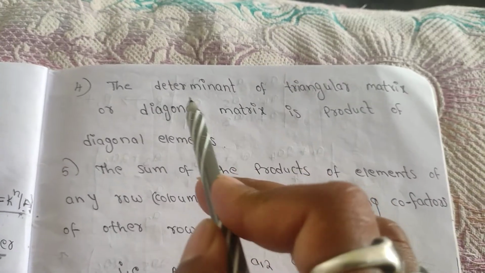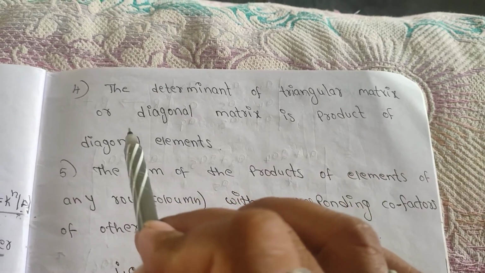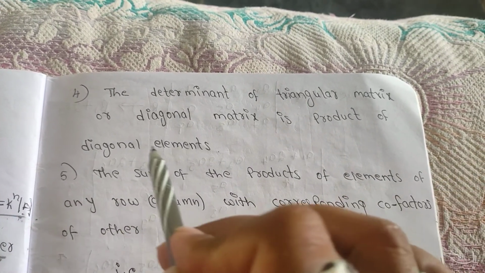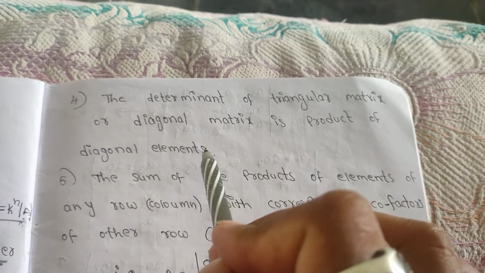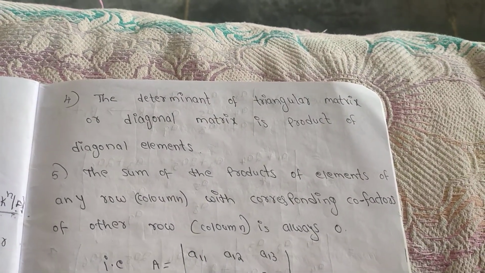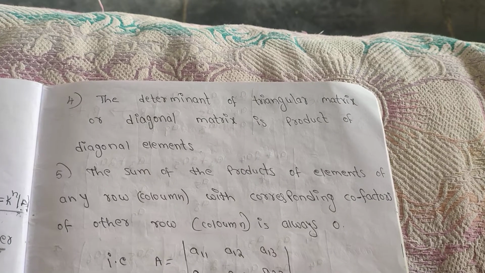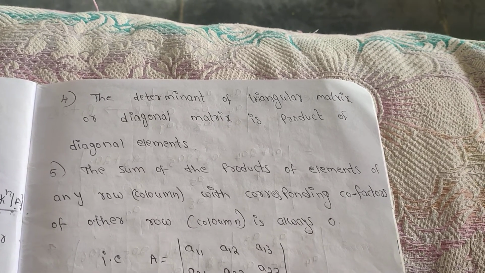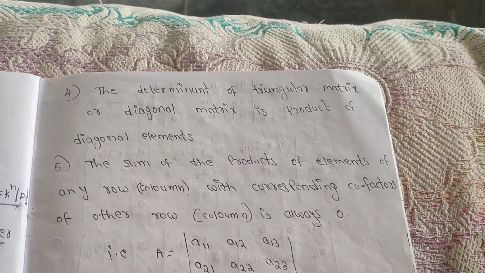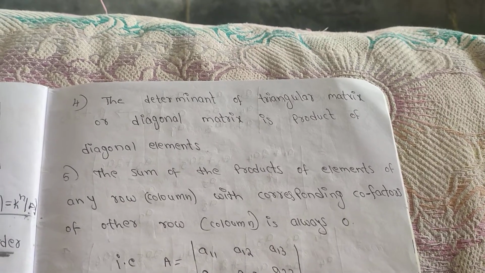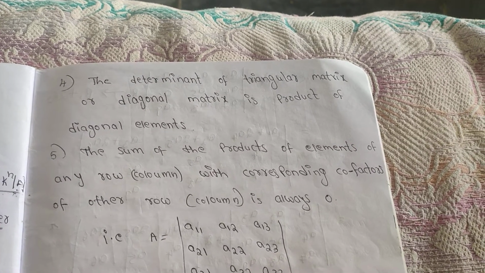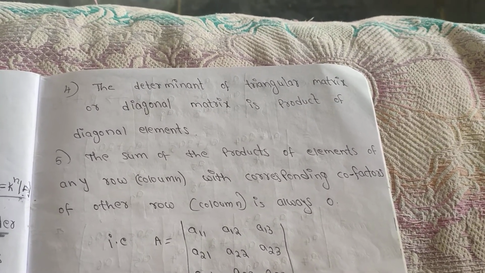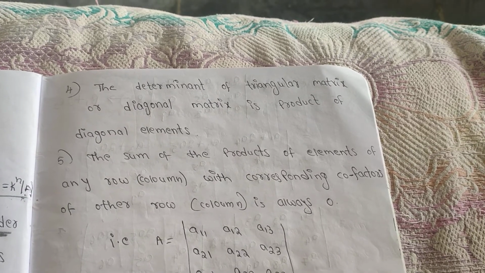Next one, the determinant of a triangular matrix or diagonal matrix is the product of the diagonal elements only. Very important. You know how to write a triangular matrix. That value is nothing but the product of its diagonal elements only. That means you first take a triangular matrix or diagonal matrix, take the diagonal elements and multiply them.